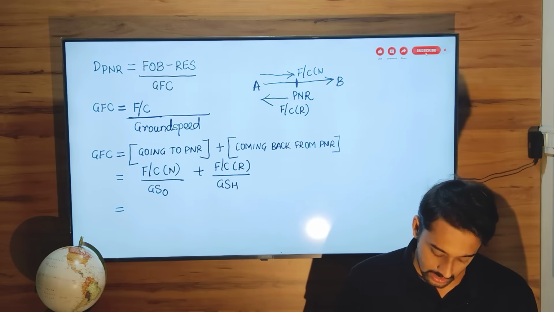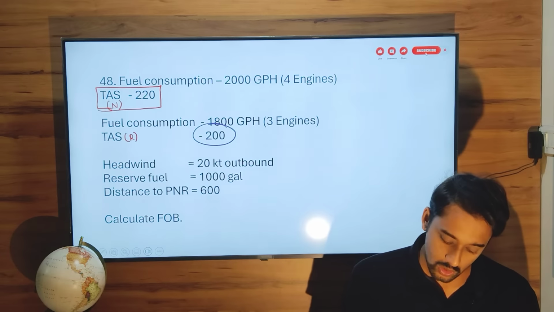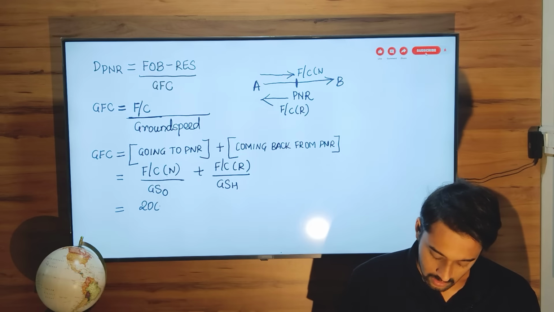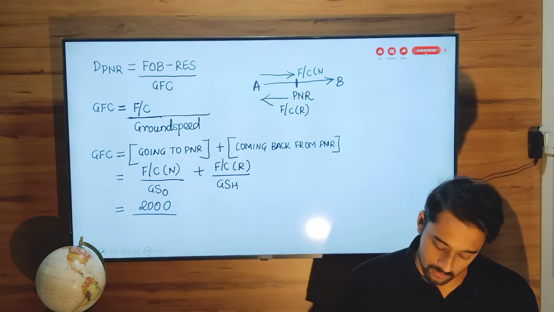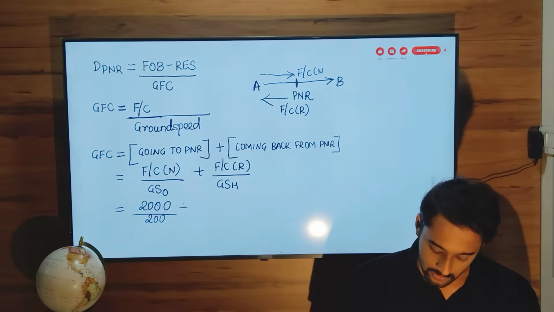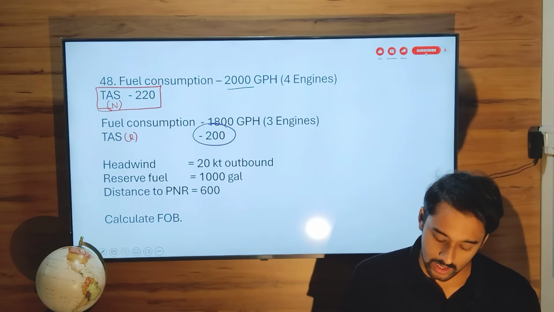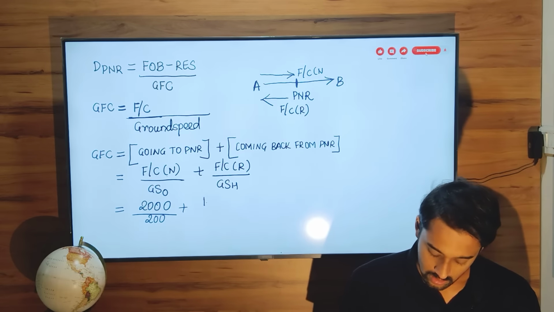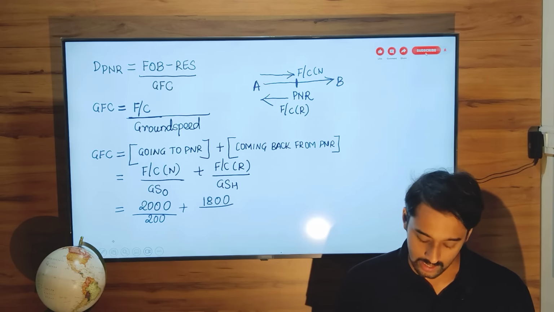So fuel consumption rate for normal is how much? 2000, divided by ground speed outbound, which is 200, plus fuel consumption rate reduced is 1800 and ground speed homebound is 220.